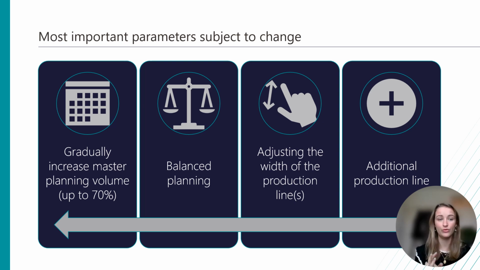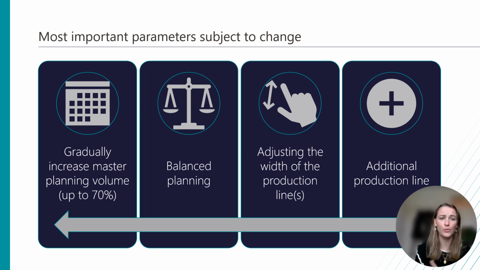So the first thing we could do was how we could increase the planning. So in the end, we had to increase the planning up to 70%, but we decided to do it gradually and see its effect. What happens if we increase the planning with 10%, with 20%? So that was one of the first things.